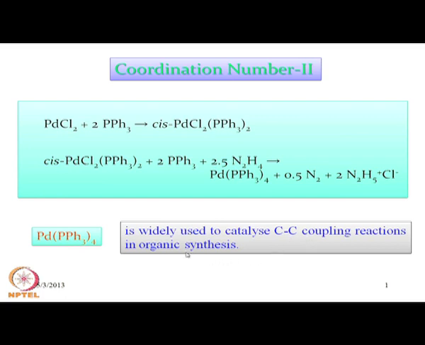In different organic syntheses, if we want to elaborate the molecule, increasing the molecular structure by making new carbon-carbon bonds between two reagents, one having one carbon center and another having another carbon center, we can use this palladium triphenyl phosphine molecule as a very good catalyst.